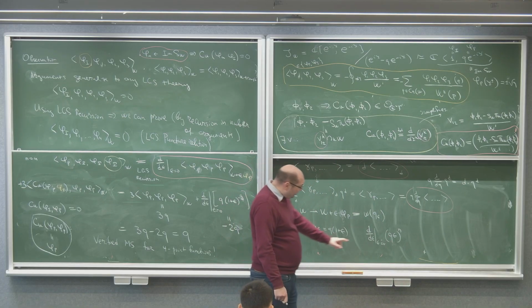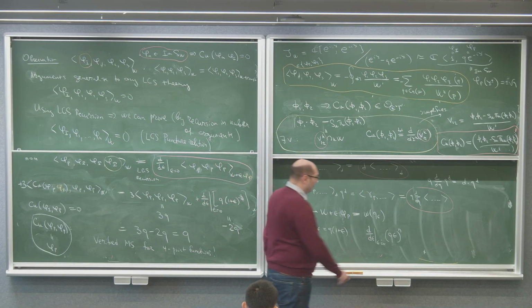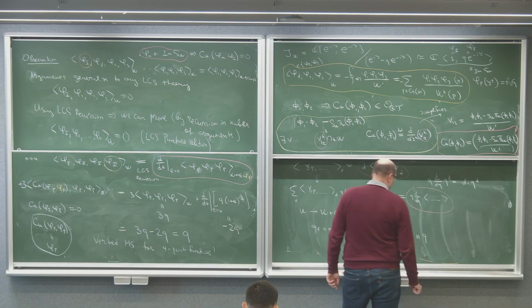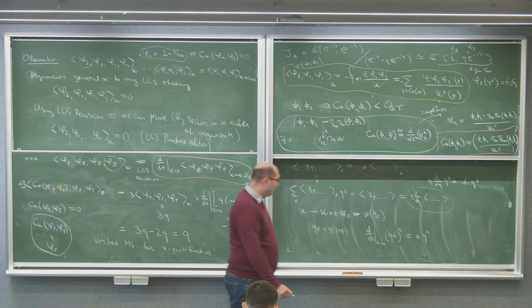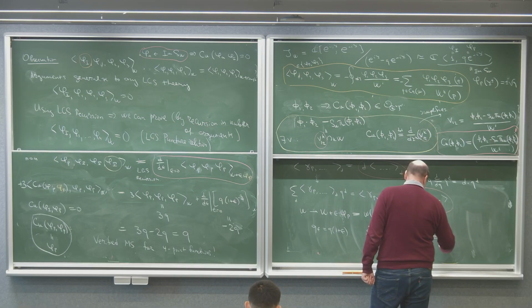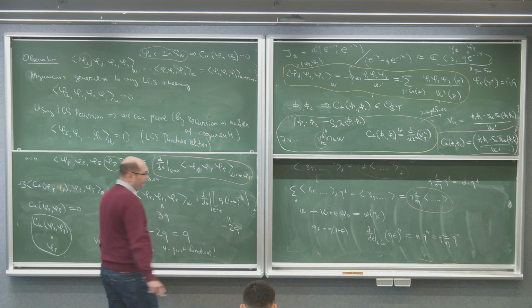And if you apply d over d epsilon at epsilon equals 0 to some power of q epsilon, then we will naturally get something like m times q to the power m. And this thing is nothing but q d over dq applied to the answer in the undeformed theory.